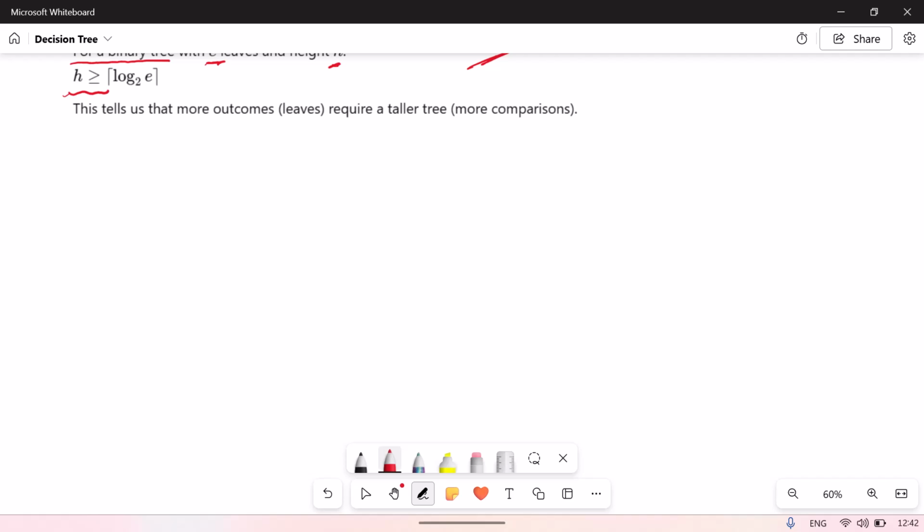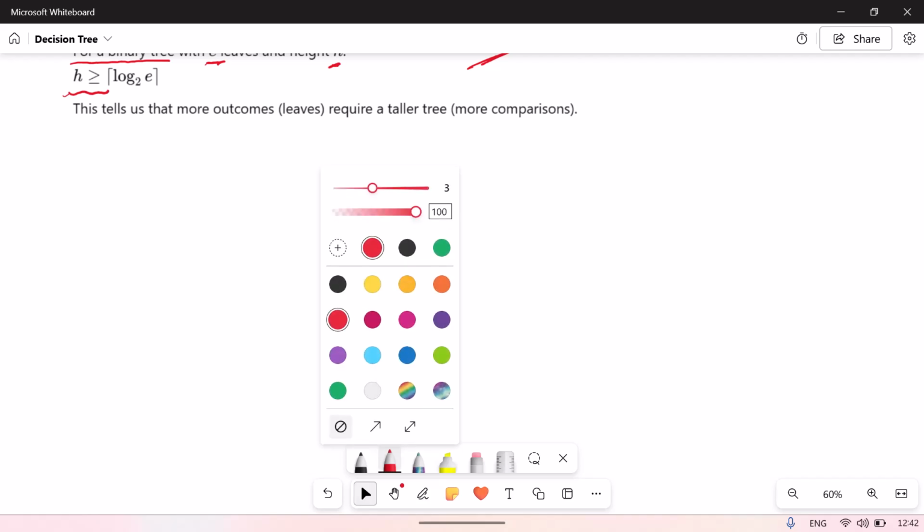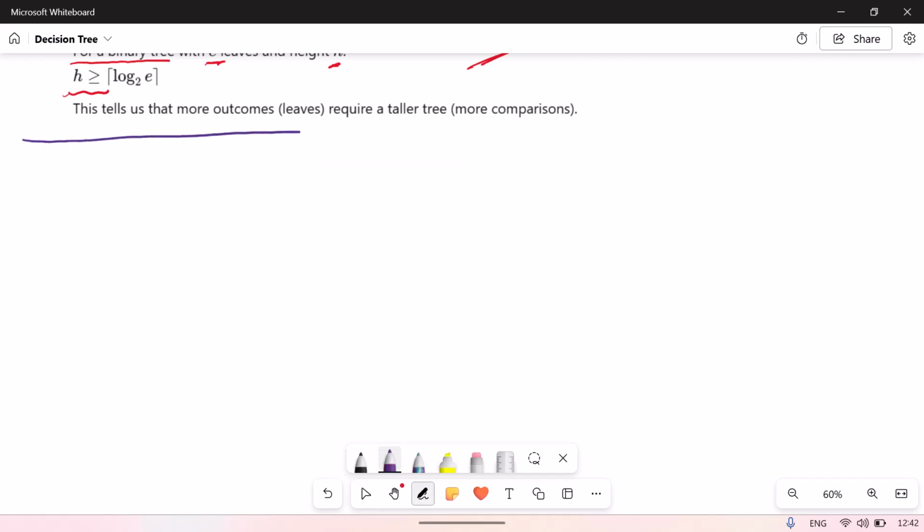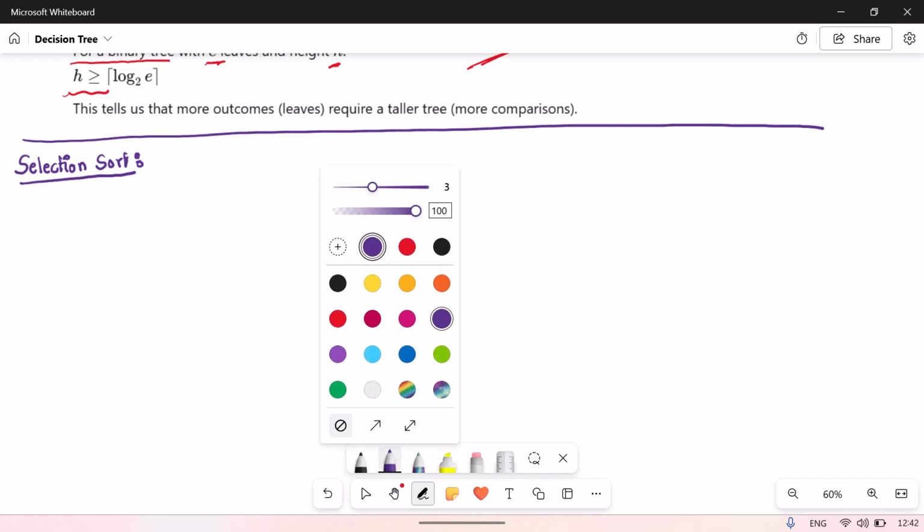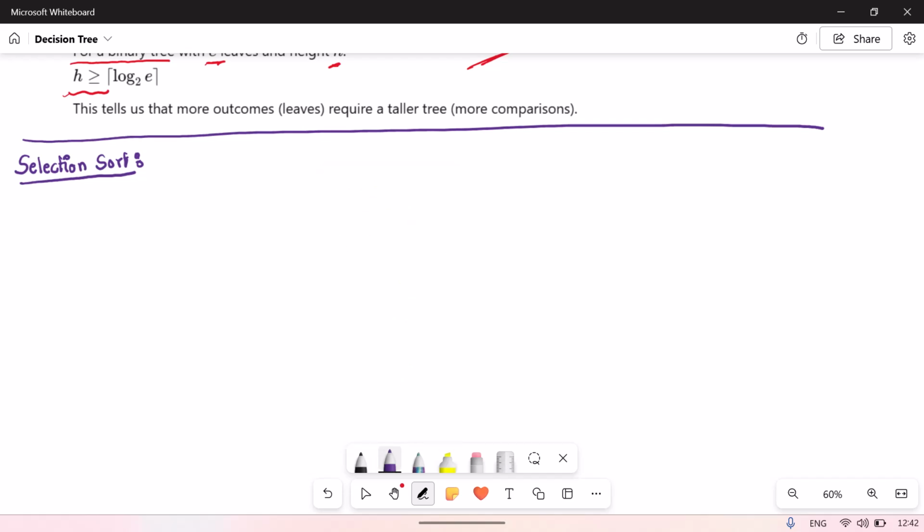Now, one more algorithm: selection sort. This is very important. In decision trees, usually they will ask this question: write the decision tree for selection sort. The algorithm you might have already learned, and comparison is also learned. So straight away I will go with the decision tree itself.